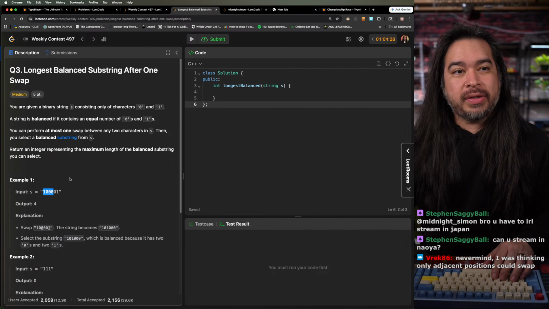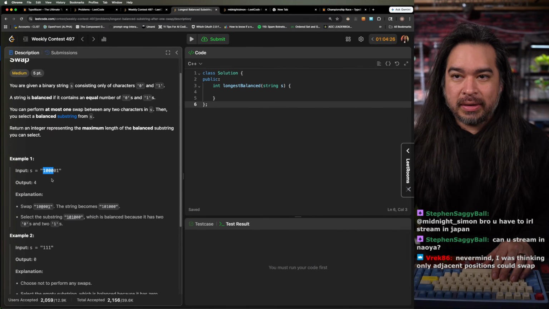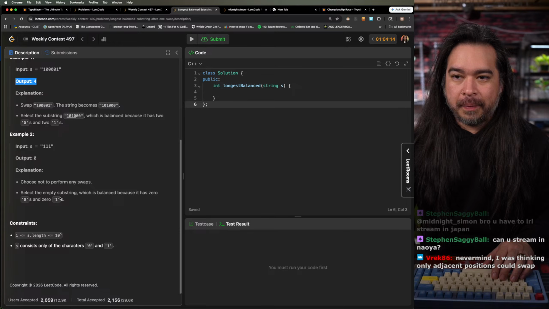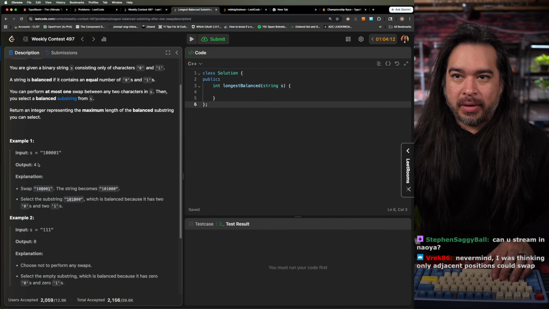If I binary searched on the size, it would have to be even size.